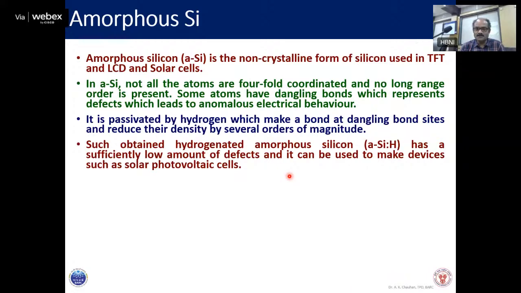So the hydrogenated amorphous silicon obtained has a sufficiently low amount of defects, and it can be used to make devices such as solar photovoltaic cells.